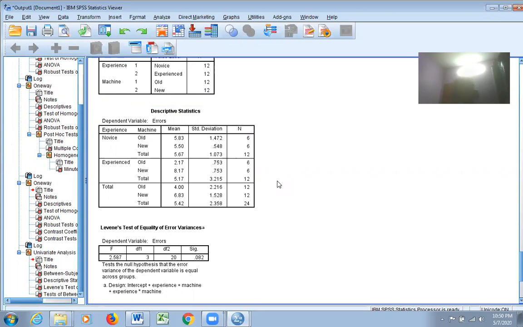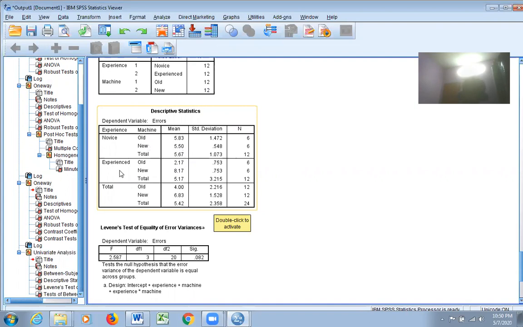By having a look at descriptive statistics, you can infer something. For example, if you take the employees who have no experience and look at the mean errors they commit, the number of errors while working on the old machine and the new machine are almost the same, 5.8 and 5.50.